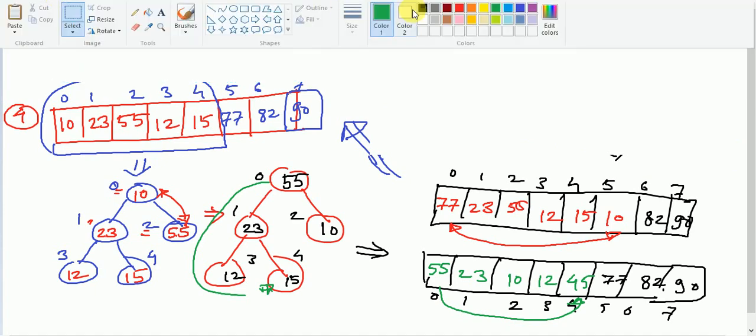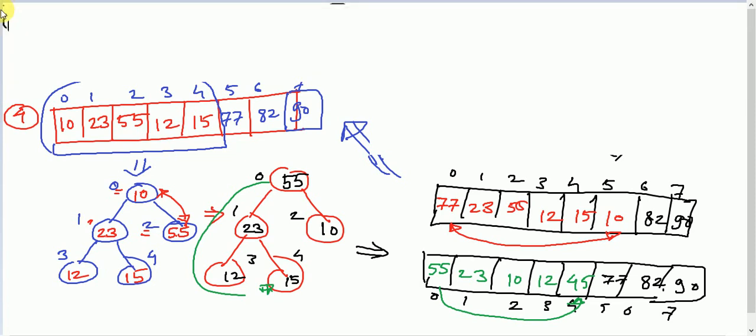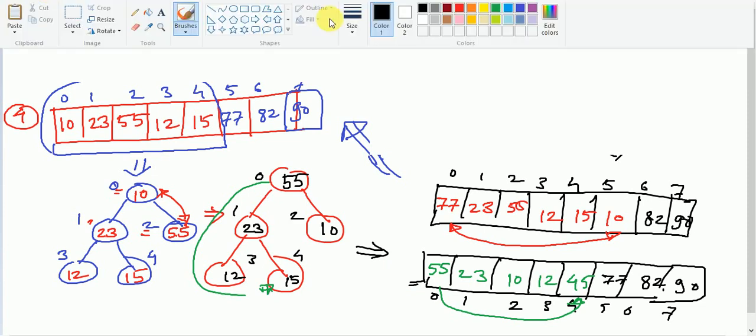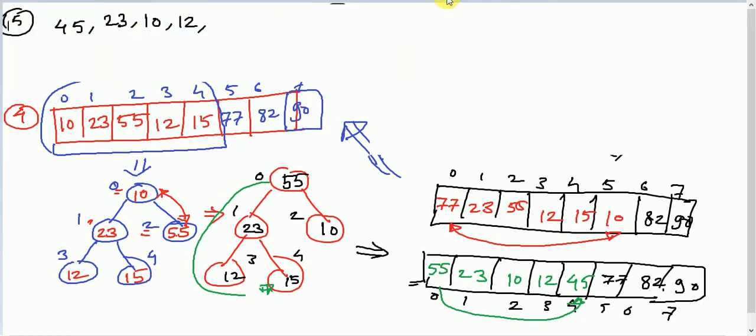So at the 5th pass we'll get the array as, I'll write here, at the place of 55 there now comes 45. So we're getting 45, 23, 10, 12, and at the start of the 5th pass we'll get the 4th element at its place.